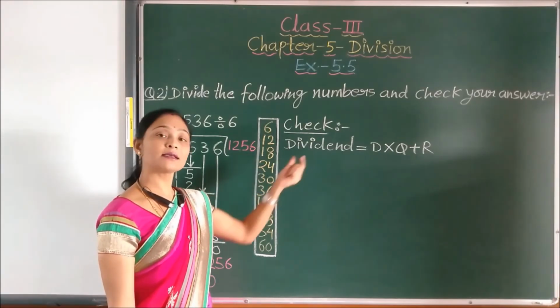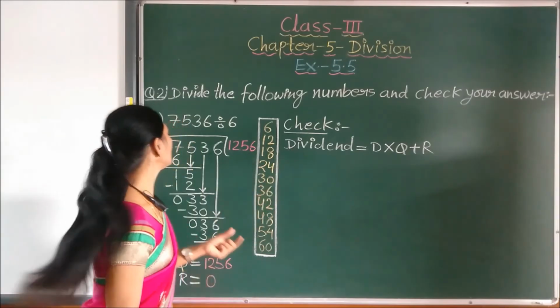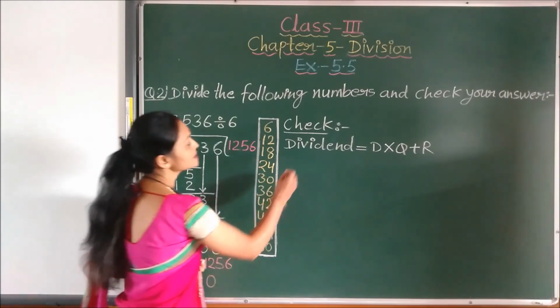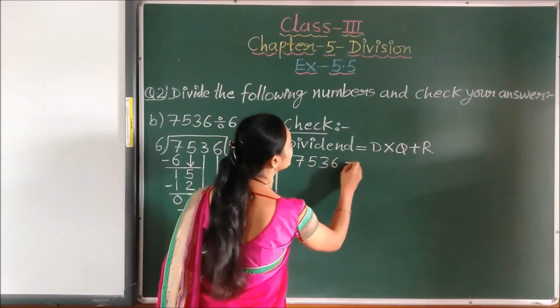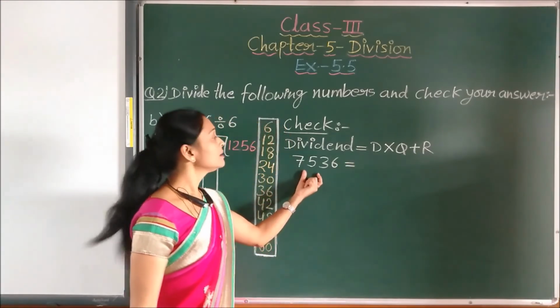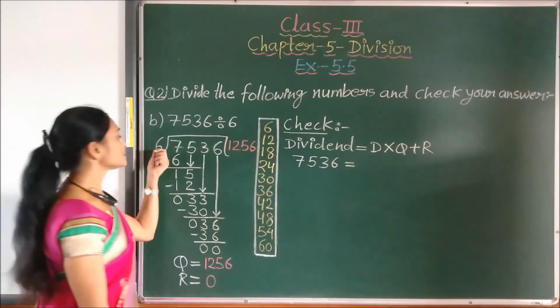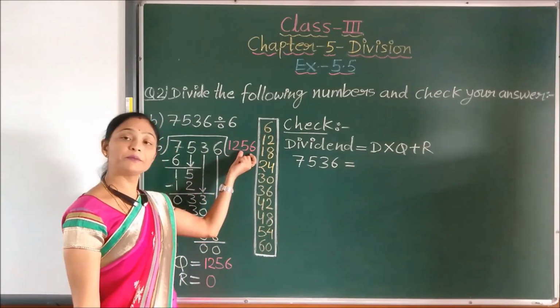If this answer is correct, then dividend equals divisor times quotient plus remainder. Divisor, how much is divisor? Divisor is 6 and quotient is 1256.